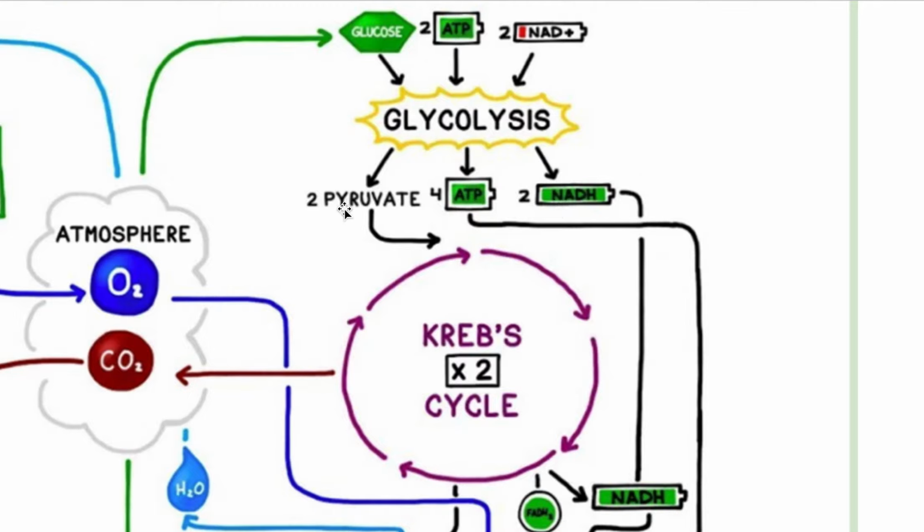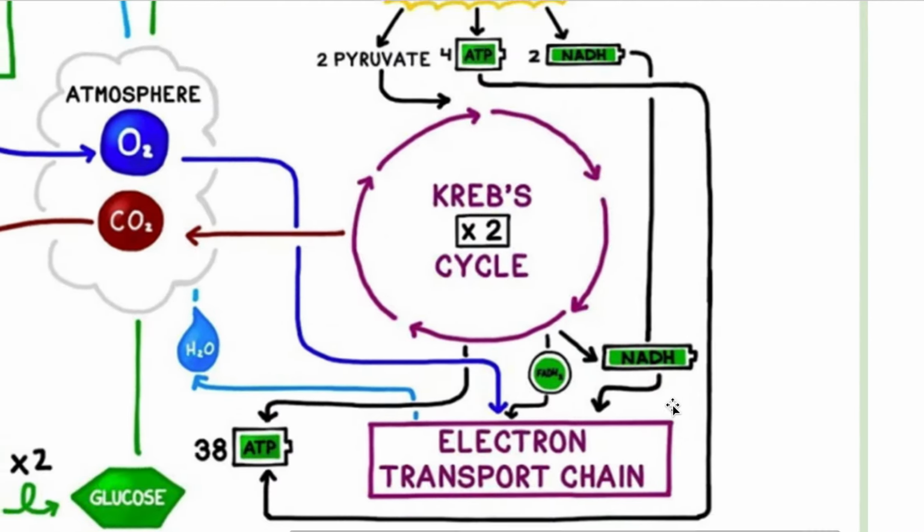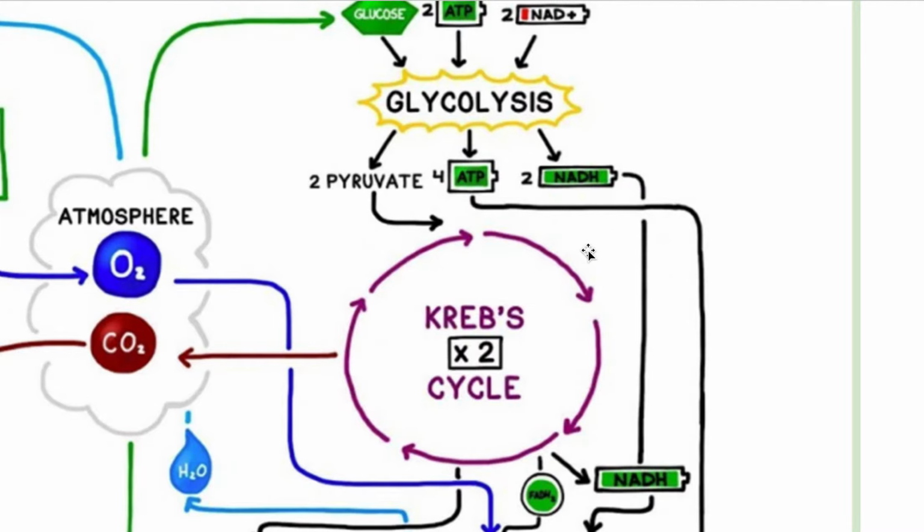So the 2 pyruvate will be used in the Krebs cycle. The 4 ATP is going to be used to power the later reaction, and the NADH is used to carry electrons in the later process.